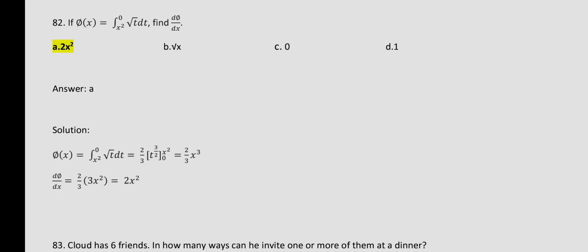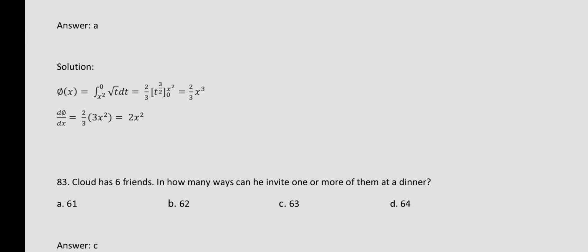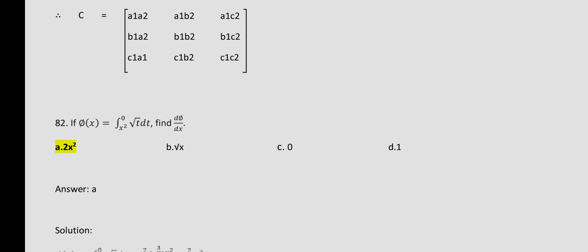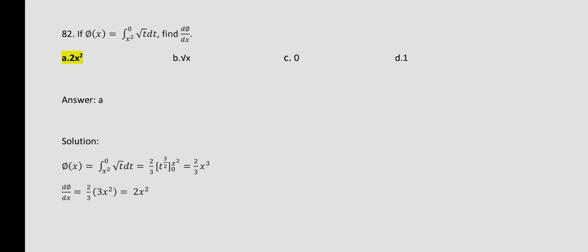Sagot dyan ay 2x squared, letter A. Solution, phi of x equals to integral, limit x squared to 0, square root of t dt is equals to 2/3 times t raised to 3 halves as the limit approaches 0 to x squared is equals to 2/3 x cubed. And then, d phi dx, makuha mo dyan, 2/3 times 3x squared is equals to 2x squared. So, ganun lang kasimple yan, isolve.